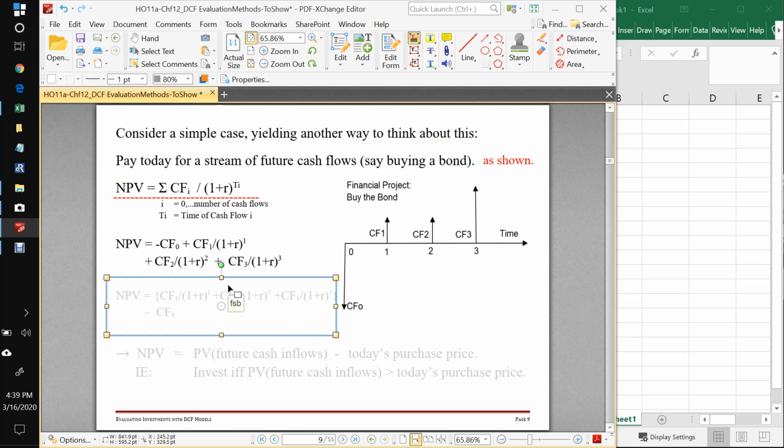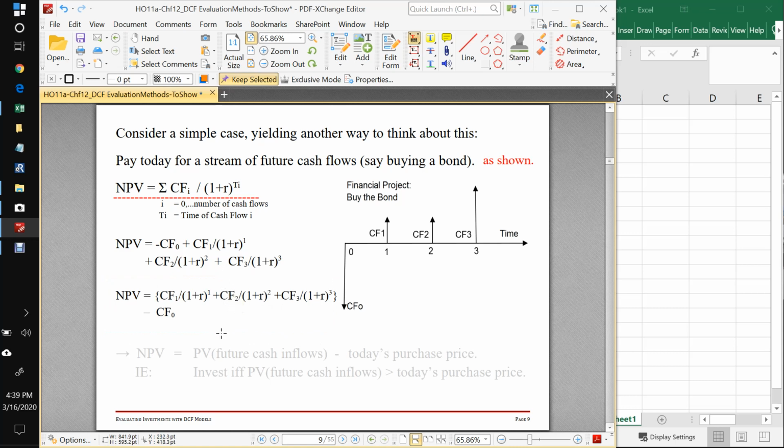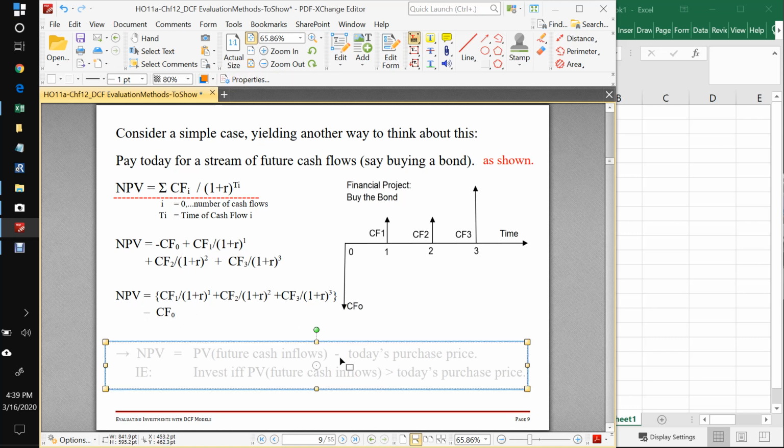And I can just rewrite this a little bit here by putting brackets around all the future cash flows that our participant is going to get here, group those all together, and subtract from that the cash flow she has to pay at t equals 0.